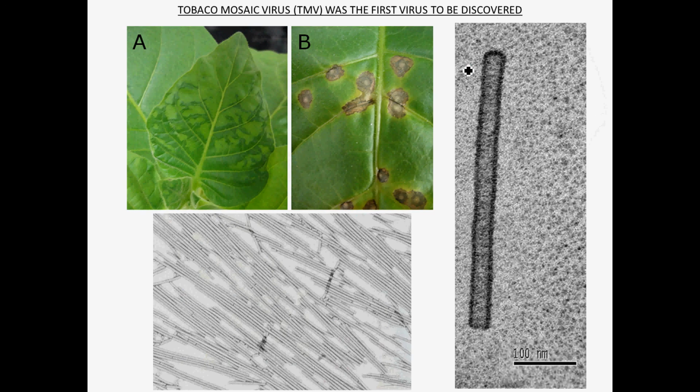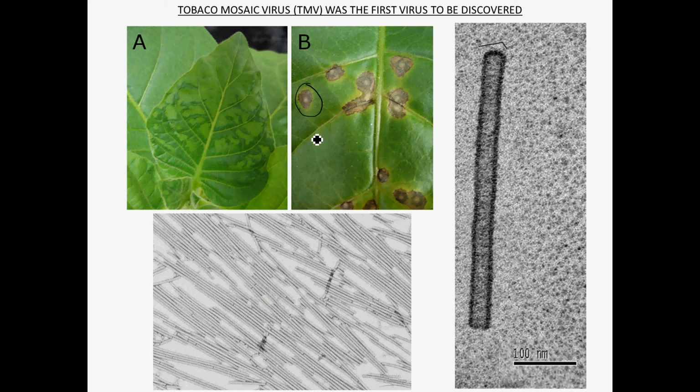So tobacco mosaic virus, or TMV, was the first virus to be discovered. And you see here that it is a long cylindrical virus. And here are several of the TMV viruses that were isolated from tobacco leaves, and this is what happens to these tobacco leaves when they are infected with viruses.